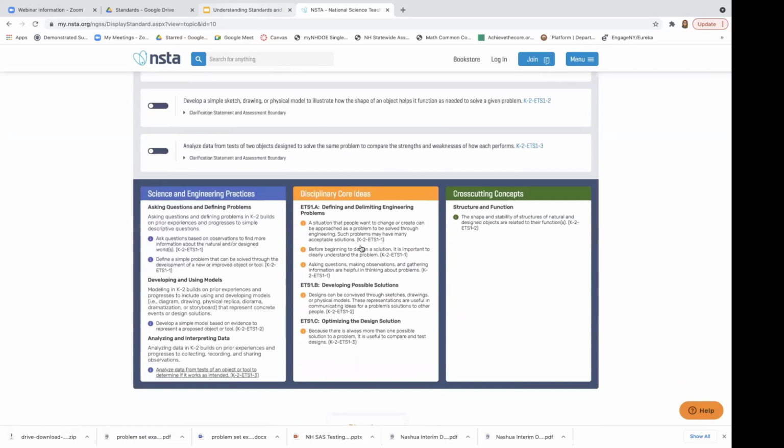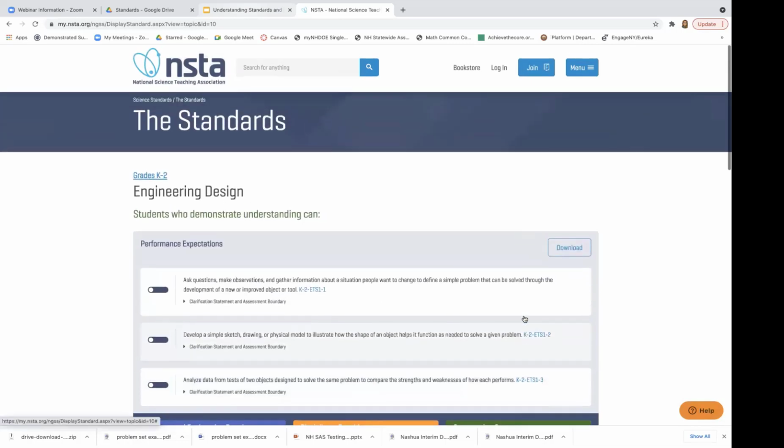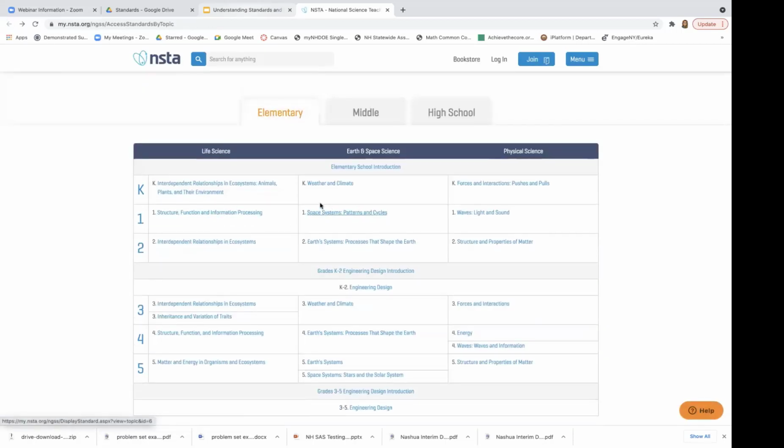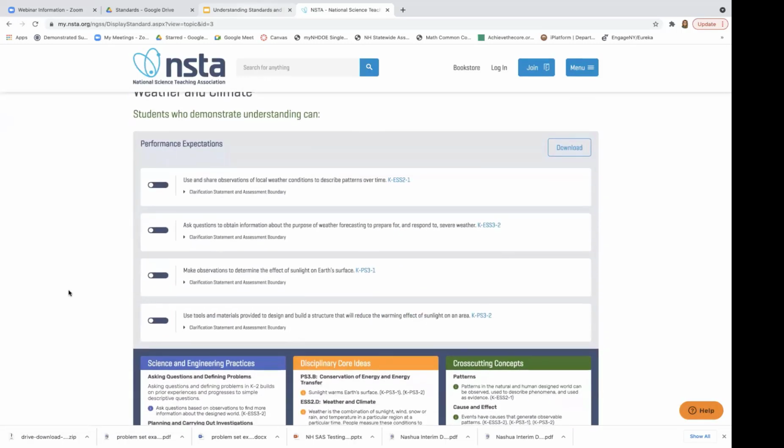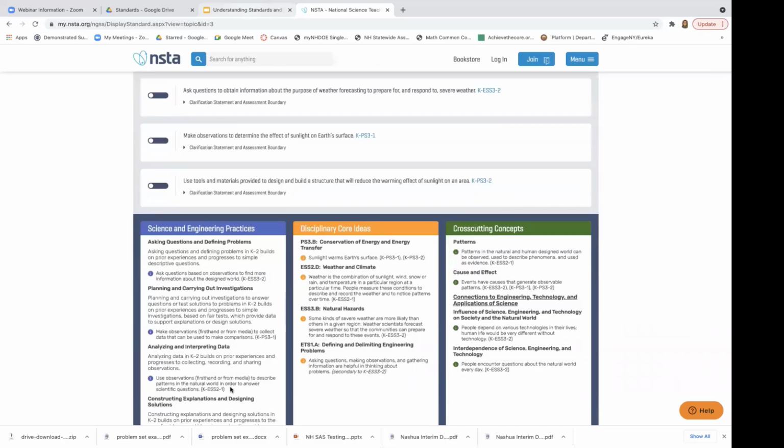Here are the practices, the core ideas, and the cross-cutting concepts for all of that. So if you're looking at, okay, in kindergarten we're looking at weather and climate, you can click here. It tells you what they need to be able to demonstrate: the science and engineering practices, disciplinary core ideas, and cross-cutting concepts again.